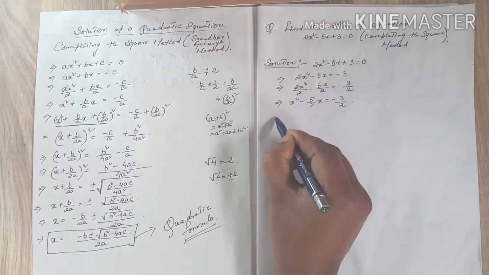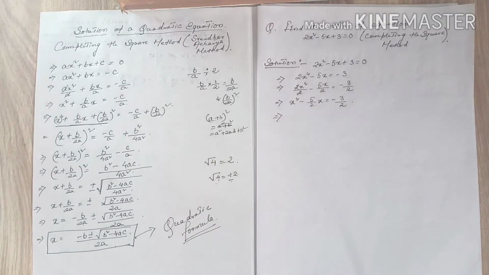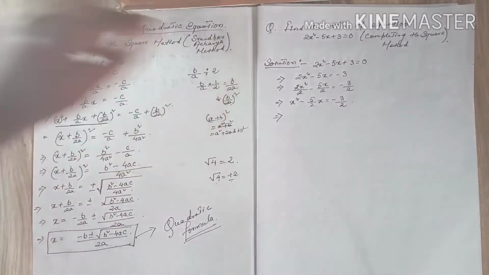Alright, now the next step: you have to see what the coefficient of x is here. You ignore the sign, no need to take the sign. The coefficient of x is 5 by 2.